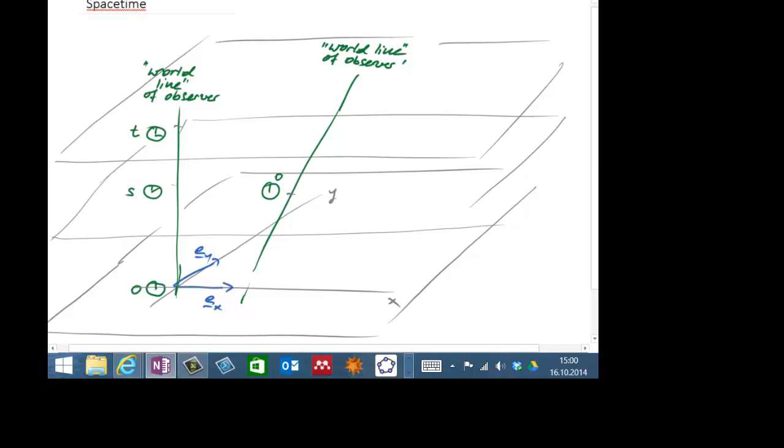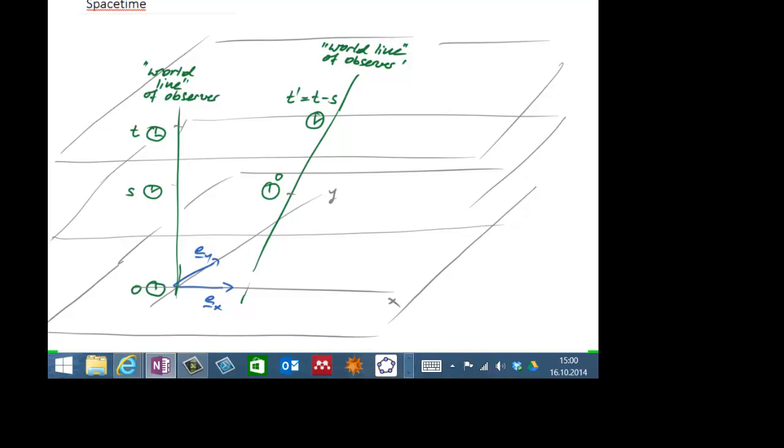And when my colleague is at my time t, then my colleague has time t prime, which we said is t minus s. So here we have incorporated the fact that clocks run differently.